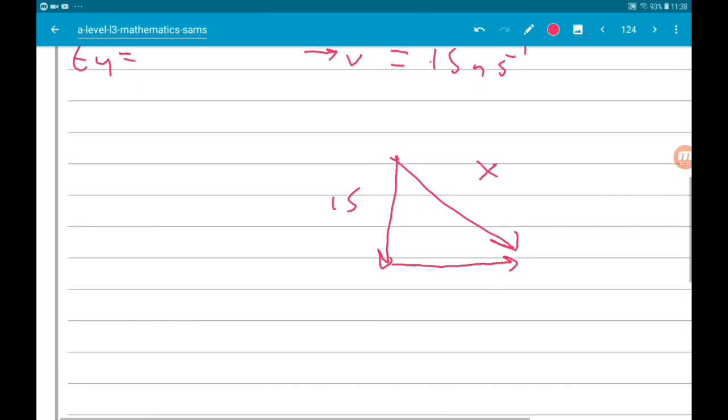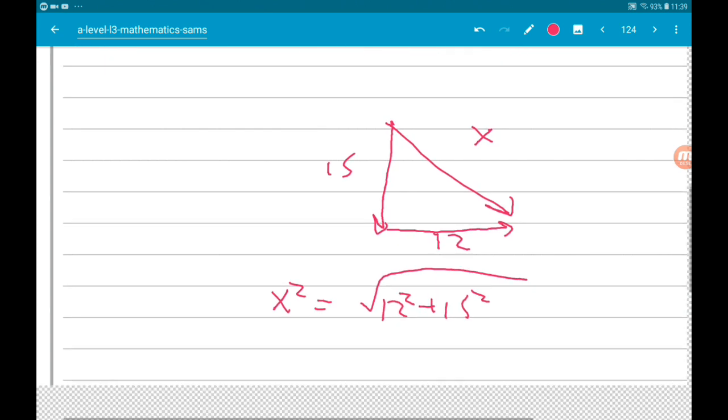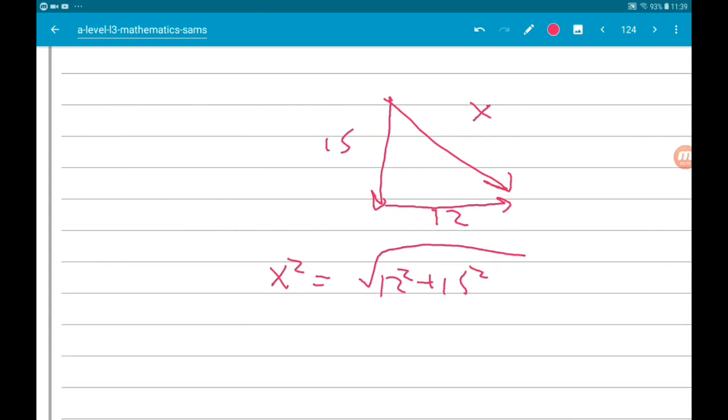So x squared is the square root of 12 squared and 15 squared, which is 369.